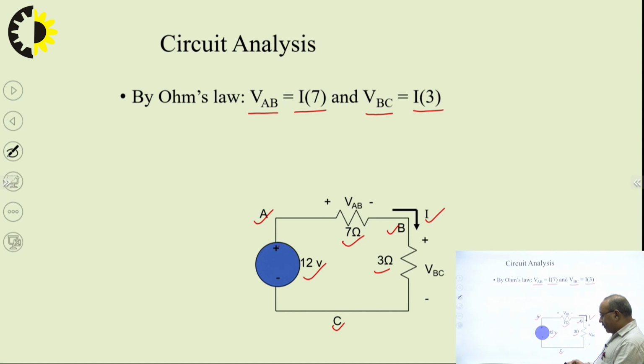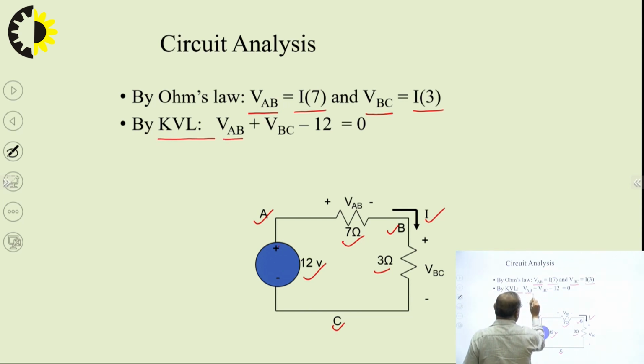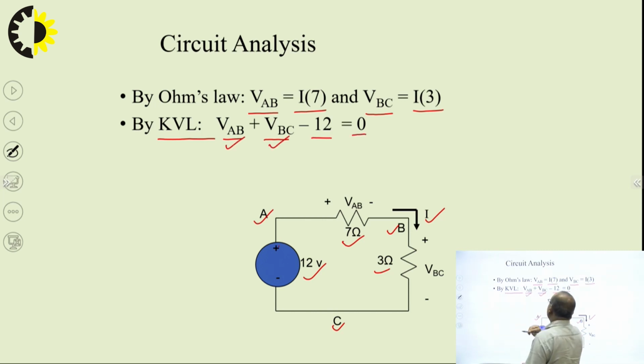Further, by use of KVL, we will write the KVL equation, which is VAB plus VBC minus 12 equal to 0, where VAB and VBC are the voltage drops, while 12 is the voltage rise. And in the previous slide, we have seen that sum of voltage drops minus sum of voltage rises equal to 0, that is KVL.